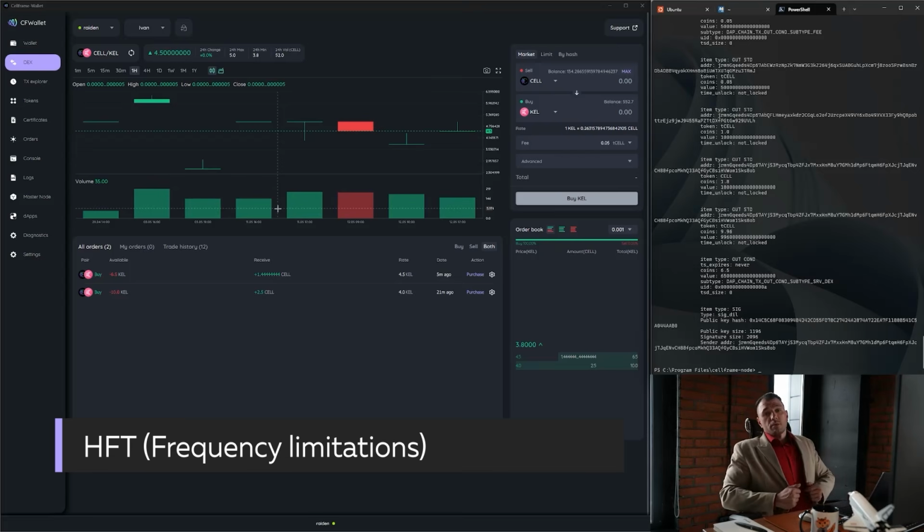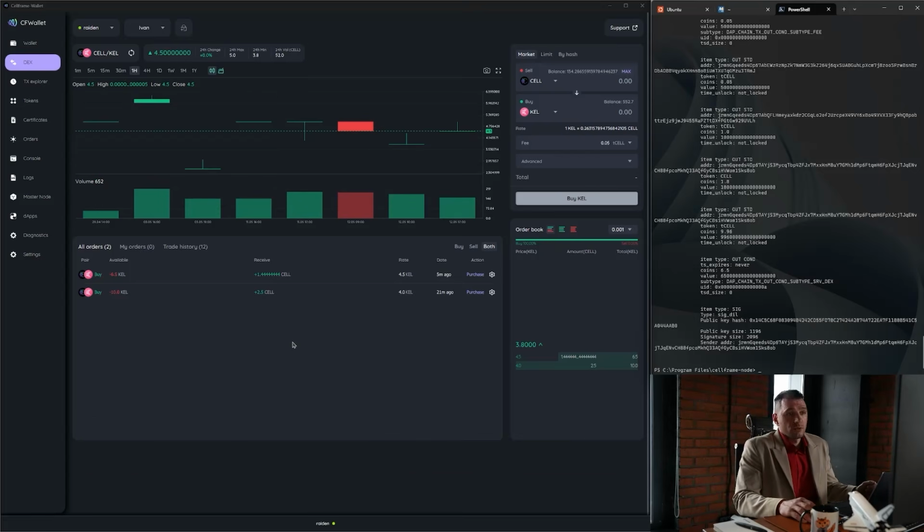One honest note about performance. The current DEX is actually not designed as a high-frequency trading venue, since order changes are all expressed as on-chain transactions. The speed naturally depends on block creation time.